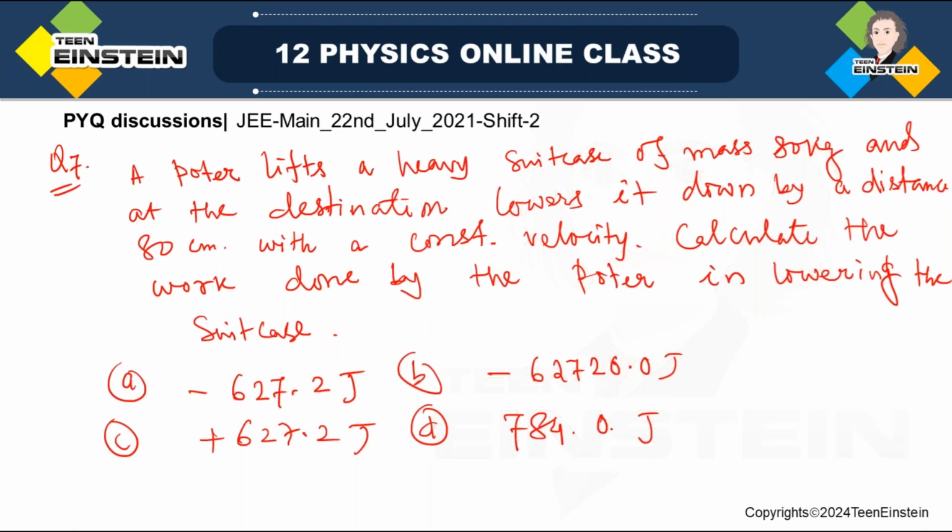The question says suitcase of mass 80 kg, at the destination lowers it down by a distance of 80 centimeters with a constant velocity. Now you have to find the work done by the porter in lowering the suitcase.